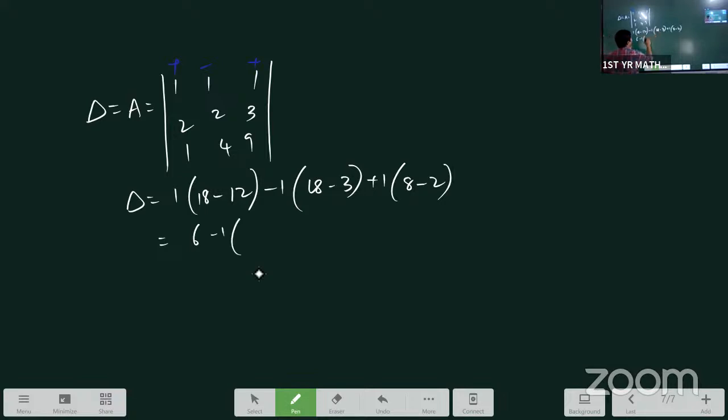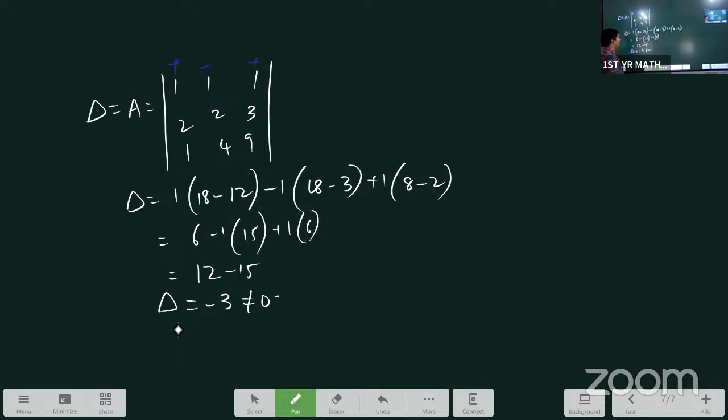Minus 1 into 18 minus 3 is 15. Plus 1 into 6. So 6 plus 6 is 12, minus 15, and we get minus 3, which is not equal to 0. So delta cannot be equal to 0. If delta is equal to 0, then we say that the solution does not exist. Is it clear?